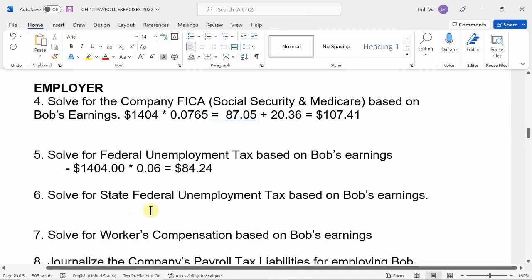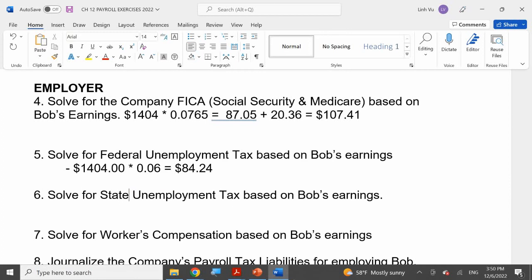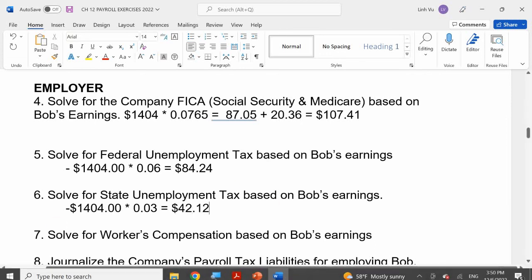Okay? For state unemployment, we are looking at Bob's gross earnings, which we claim to be 3%, right? So 3% of that is going to give us $42.12. Okay?